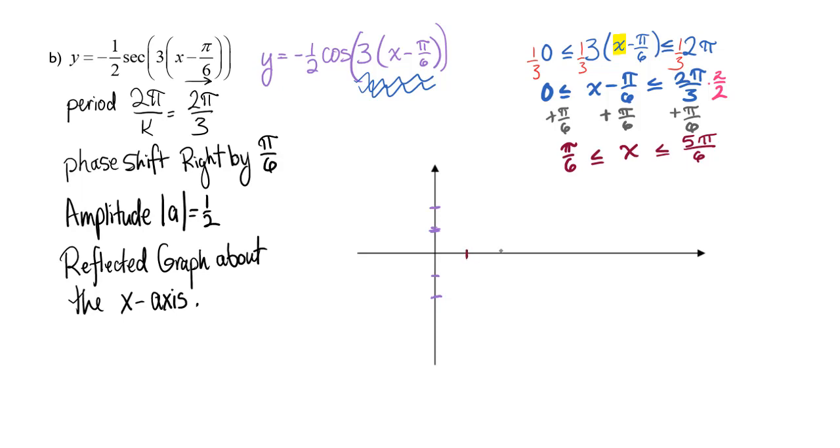So I'm just going to break this up into pi over 6's. So pi over 6, 2 pi over 6, 3 pi over 6, 4 pi over 6, 5 pi over 6, and clearly these will reduce, 6 pi over 6.